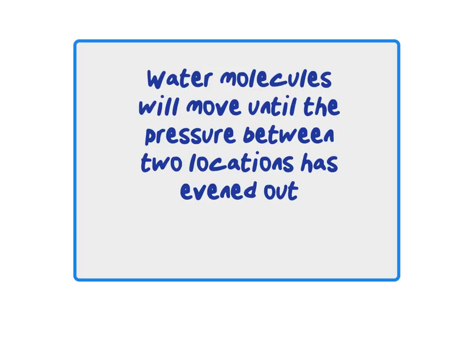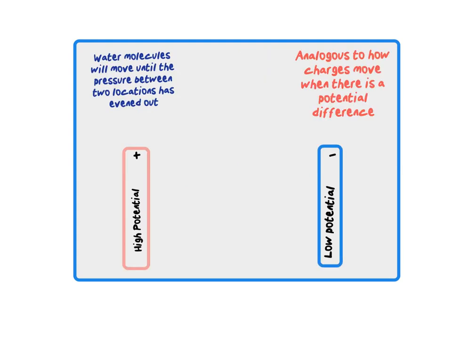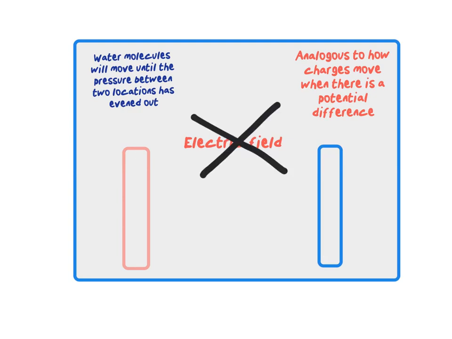This is very similar to a potential difference. When charge is separated and a potential difference is created, that potential difference constructs an electric field, and thus charges can be pushed within that field. When there's no potential difference between 2 points, charges don't move. It's very similar with fluids and pressure.